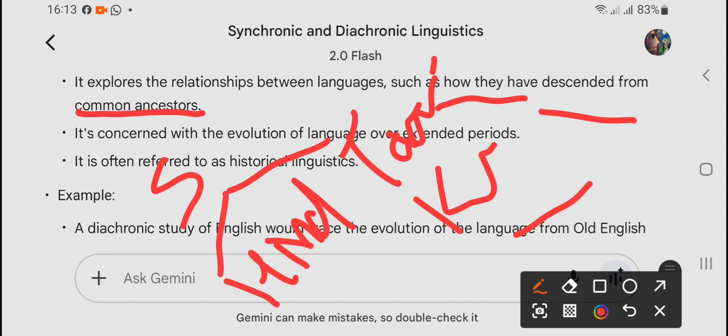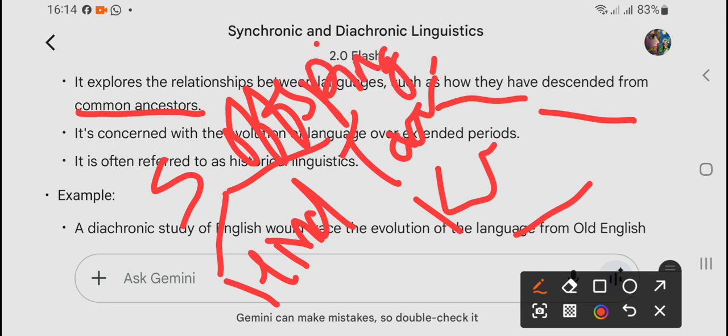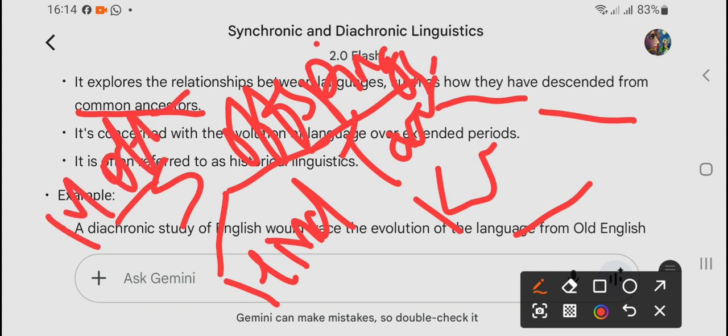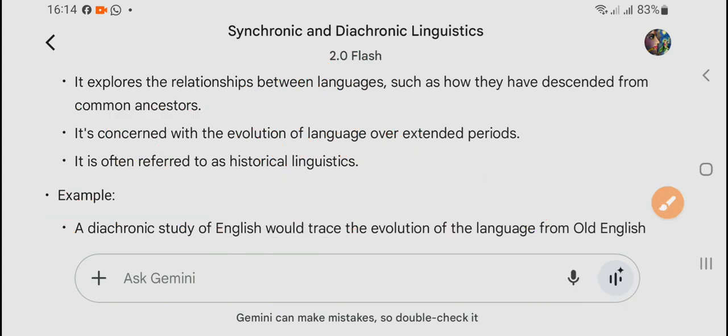These are called daughter languages or offspring. Similarly in English, Greek and Latin are the mother languages, and then there are a number of daughter languages. When you study all these points and subpoints in detail, this approach is called diachronic linguistics.